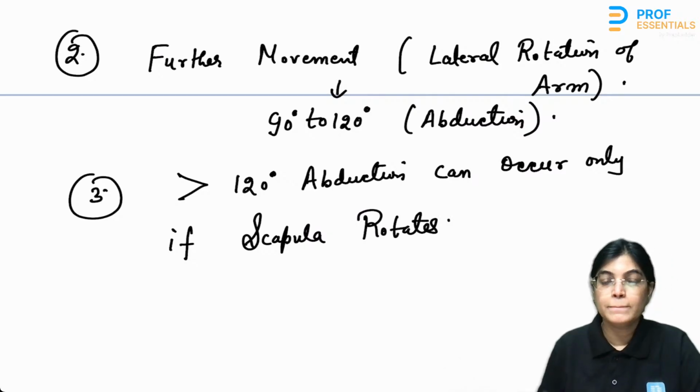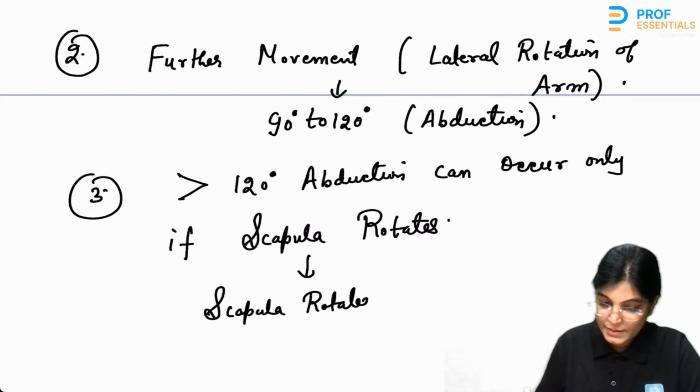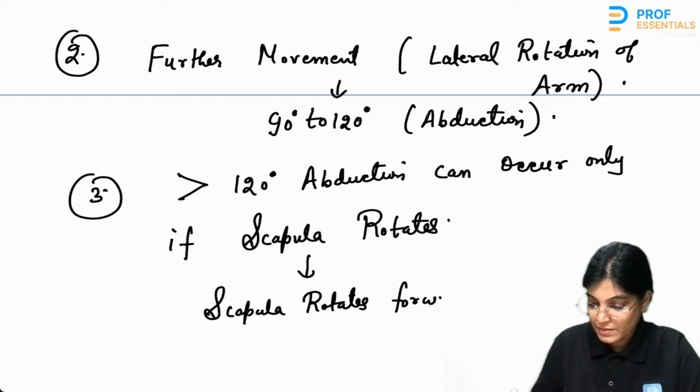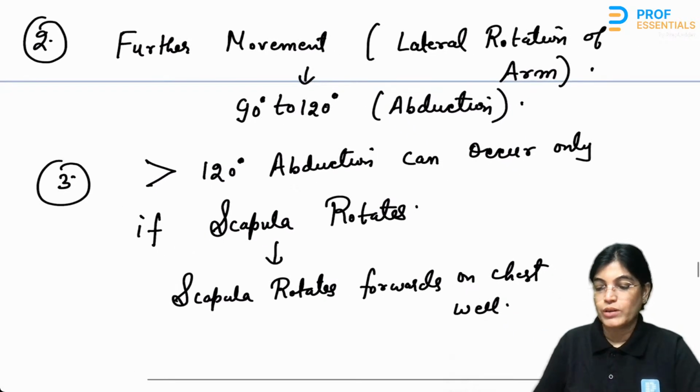Okay, that is important. So the scapula rotates forward on the chest wall. This is very important for you to know.